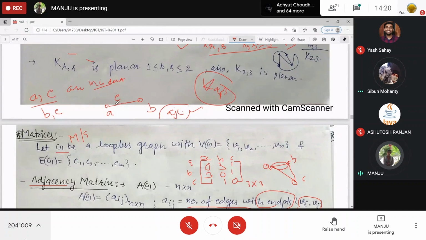Incident means whenever E is an edge with endpoints A and B, then we say this edge is incident with its endpoints.